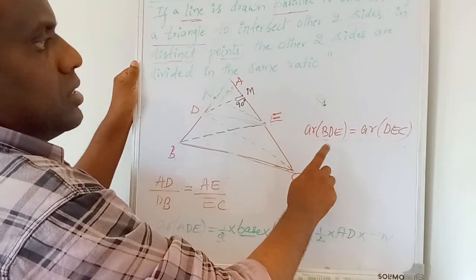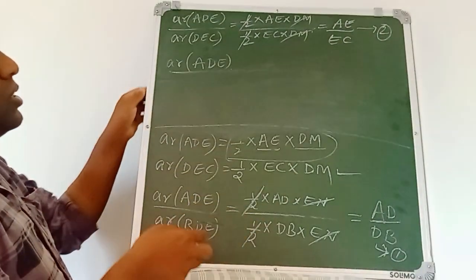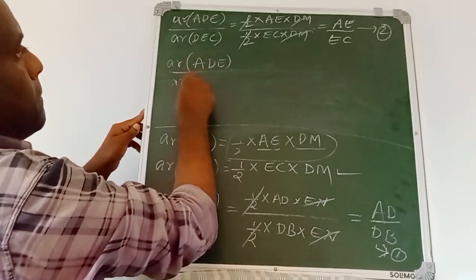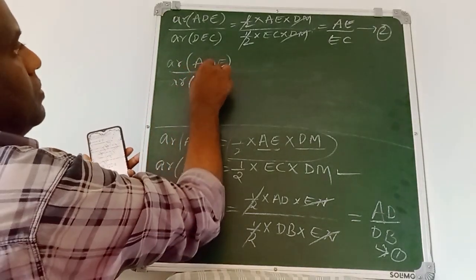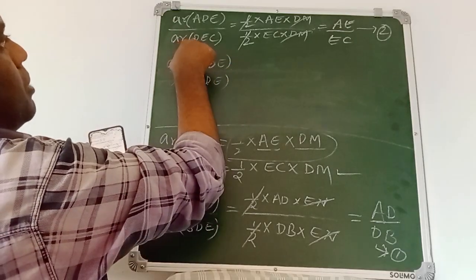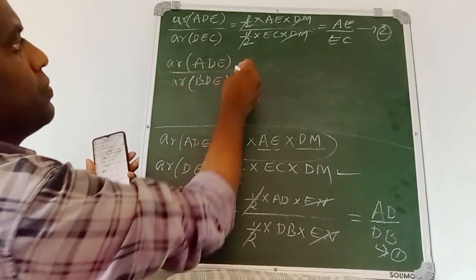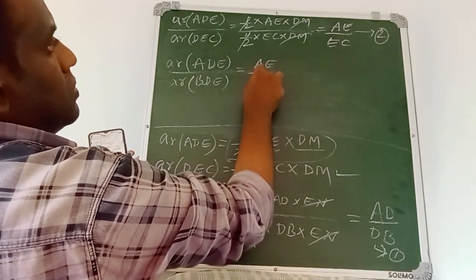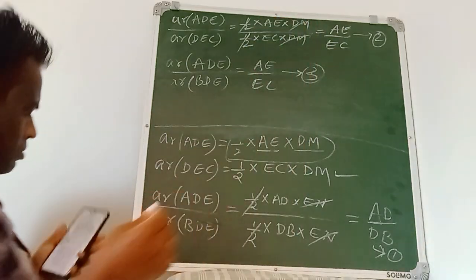I already said area of BDE is equal to area of DEC, so in place of area of DEC, I am going to write area of BDE, because both are equal. So that is equal to AE by EC. I will call it equation 3.